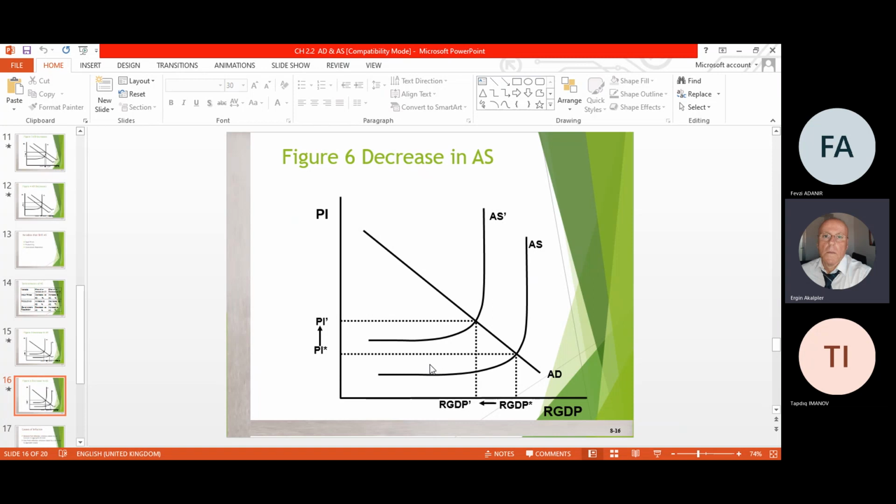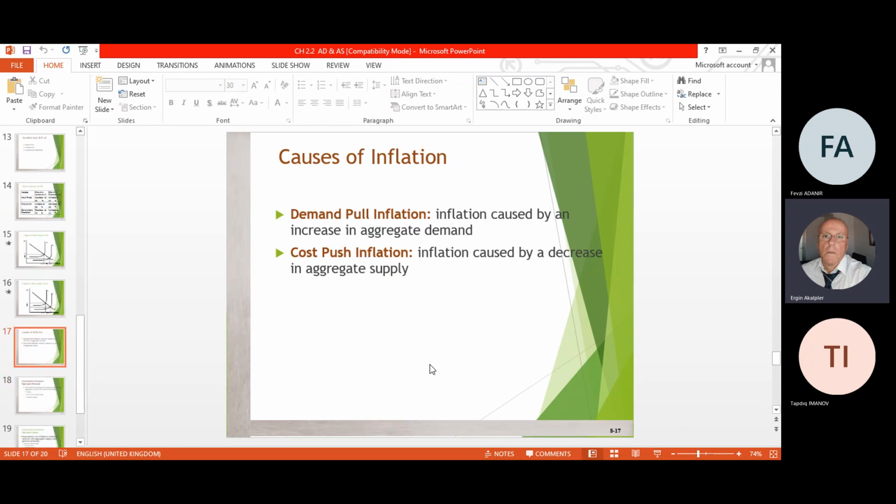And here is the negative case, the input price increase. Then this will cause, as you see, the real GDP equilibrium price and equilibrium position to move upward and reduce the supply negatively.